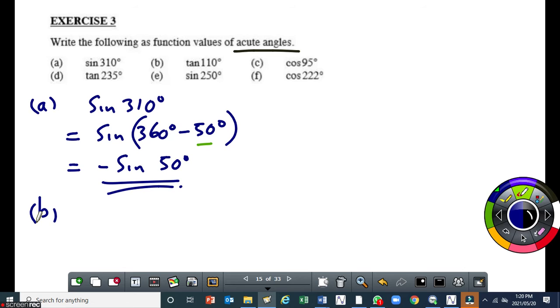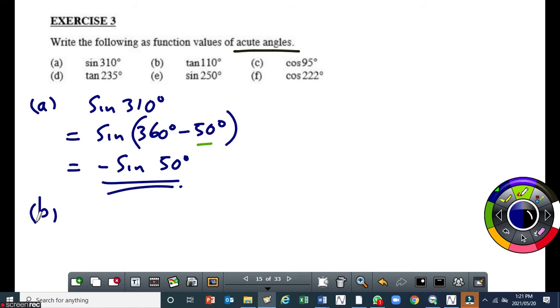It will depend on in which quadrant it is. If the angle is in the first or the fourth quadrant, we use 360 as our reference. If it's in the second or the third, we use 180 as our reference. 310 is in the fourth quadrant. That's why we have to subtract an angle from 360 to get 310.